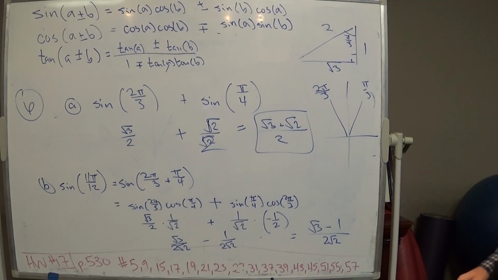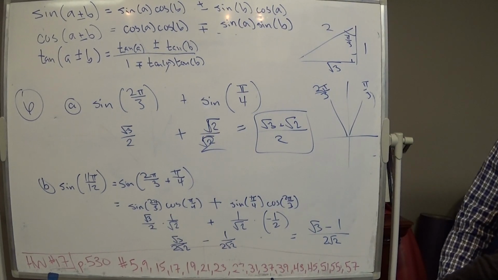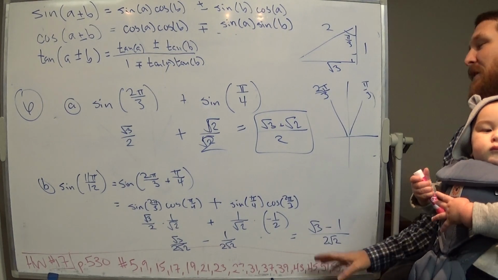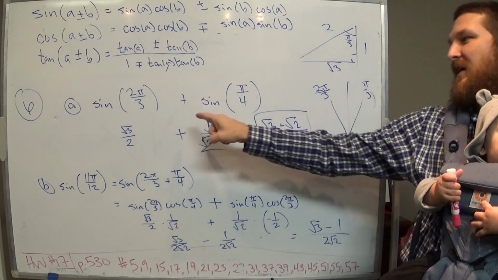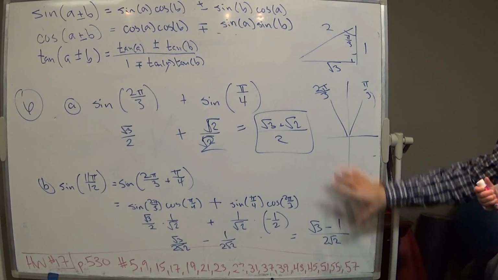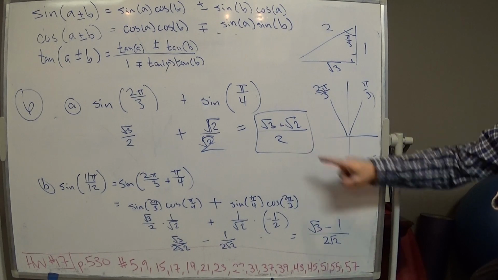I don't care. I think the reason they have you do this is to show you that sine of something plus something is not equal to sine of the thing plus sine of the thing. What we've just shown here, that number is not that number. Those are not the same number.